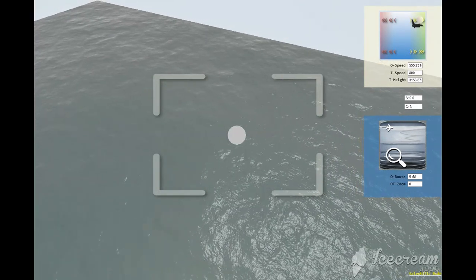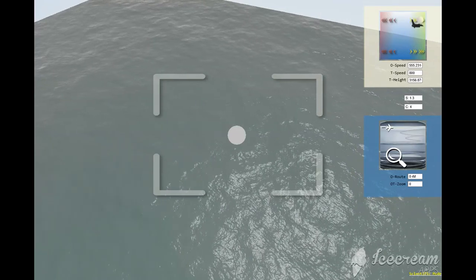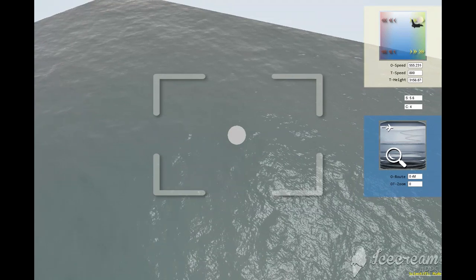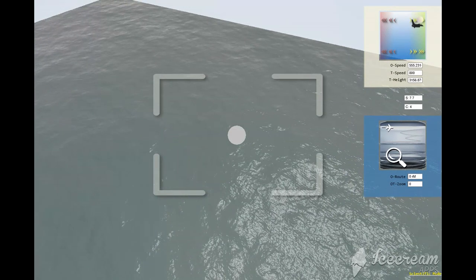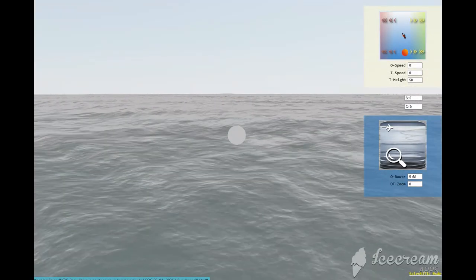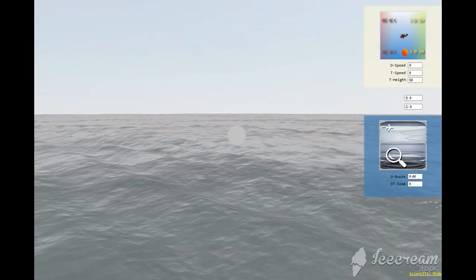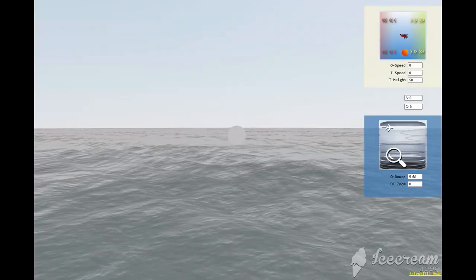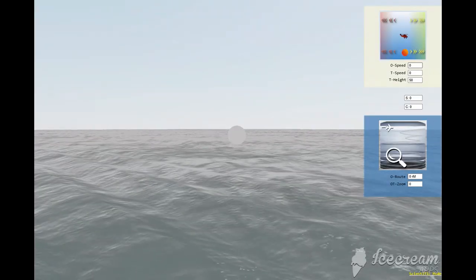So actually right now we are in a situation where the sea surface reacts to a target speed that is higher than the actual observer speed. And now the system reset, going back to a target height of 50 feet, a target speed of 0 and an observer speed of 0 kilometers an hour.